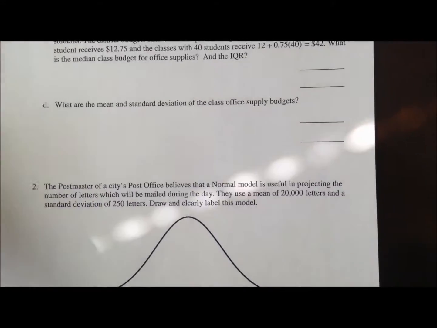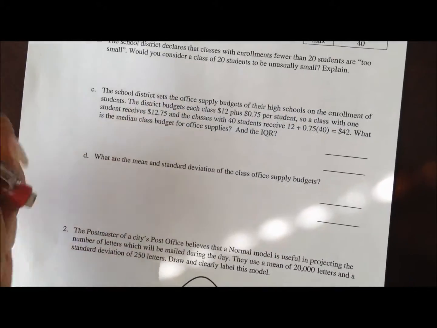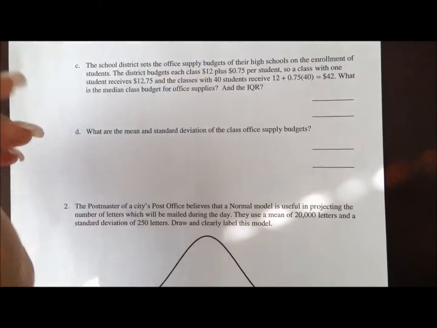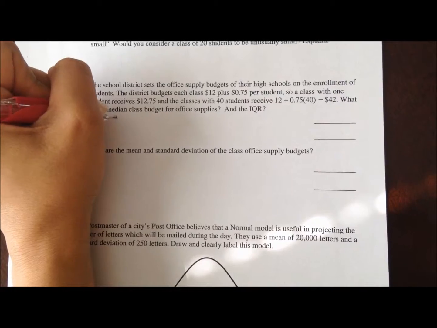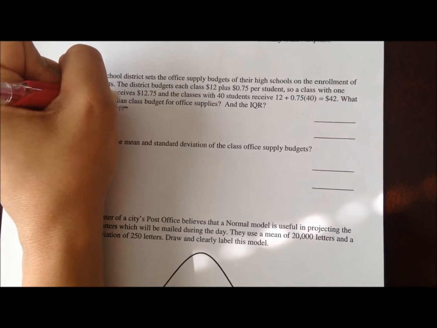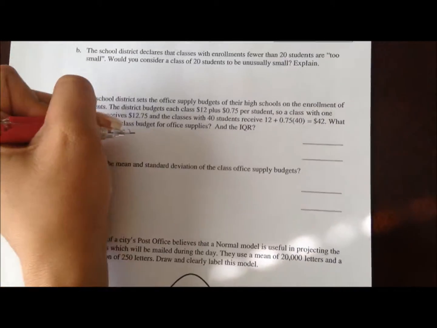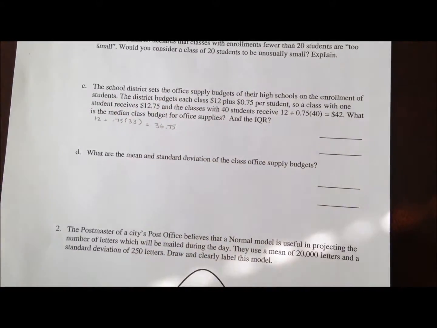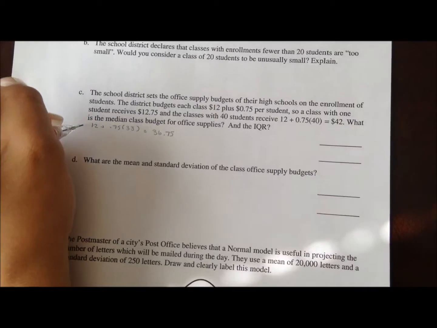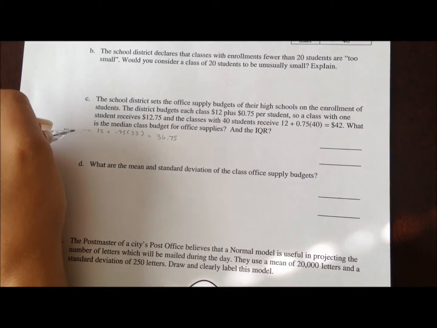So the way to find the median is by going 12 plus 0.75 times 33, which will equal $36.75. Now this right here is finding the median.